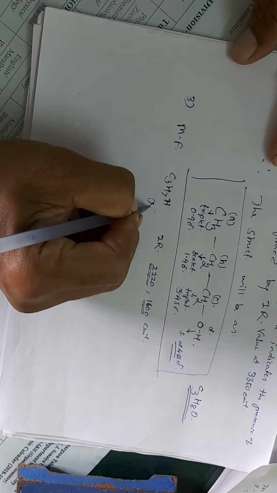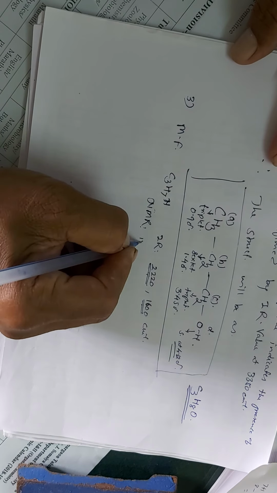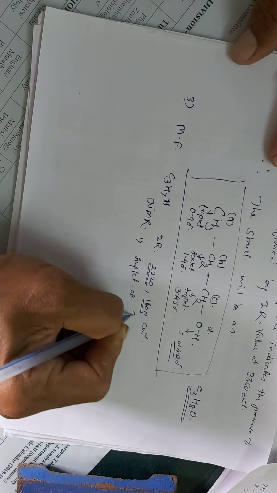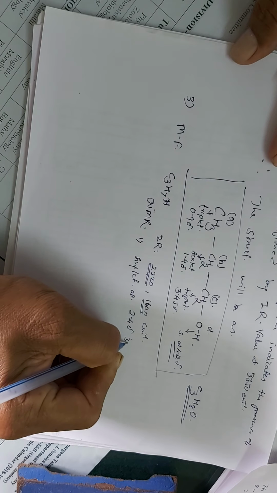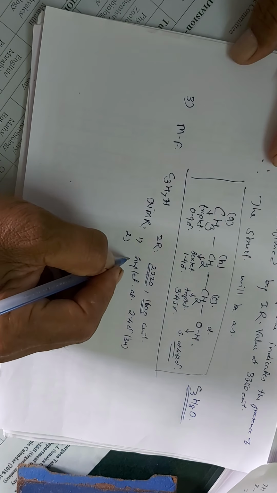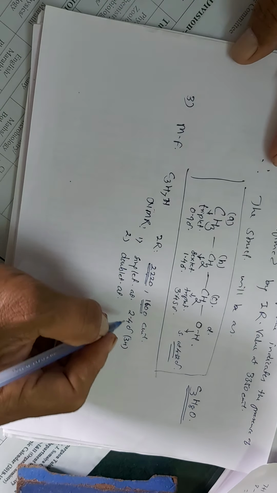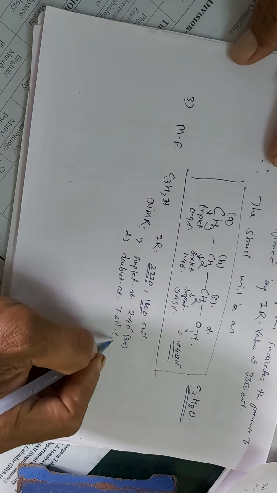And so the NMR data given for this is that it gives a singlet at 2.144 del for 3 protons. Second, it gives a doublet at 7.2 del for 2 protons.